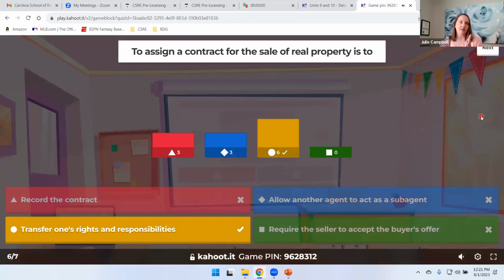Remember, in an assignment, all the terms stay the same. The only thing that changes is the name of one of the parties. So you are assigning your duties and responsibilities to somebody else. Whether or not a contract can be assigned has to be spelled out in the contract. Questions on this one?